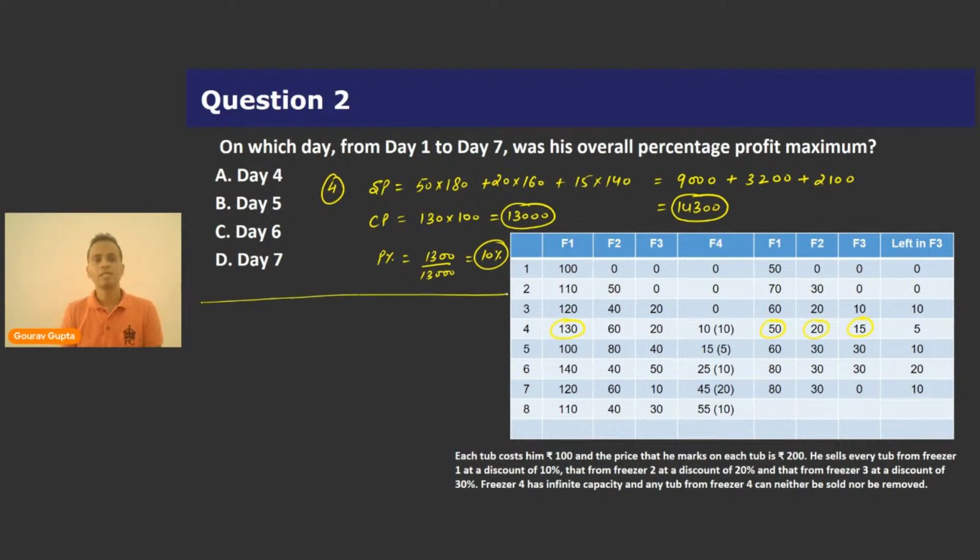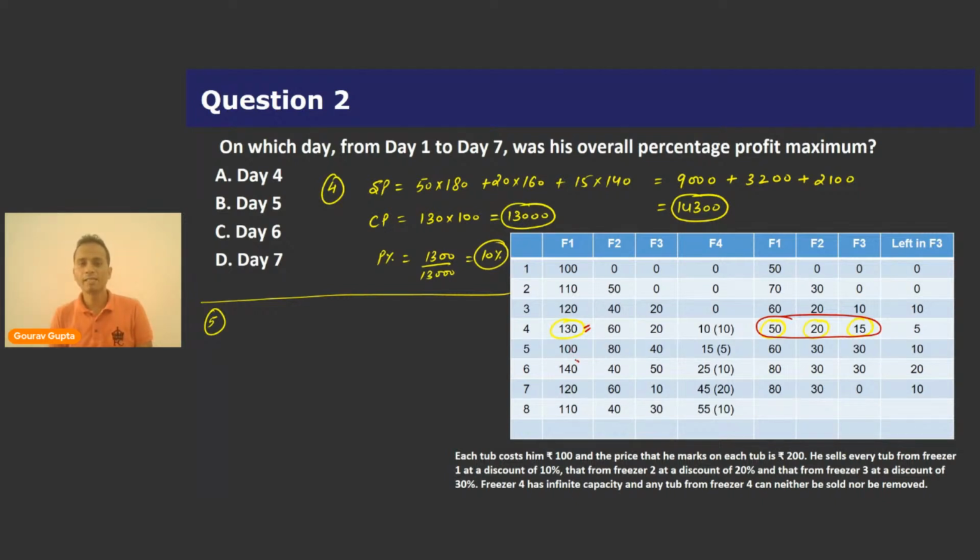All right. Now, likewise, I'll be calculating the profit for each of these days. So day number 5, day number 6, and day number 7. Now, people, just have a small observation. On day number 4, he has kept 130 fresh tubs and he's able to sell only 85 of them, right?